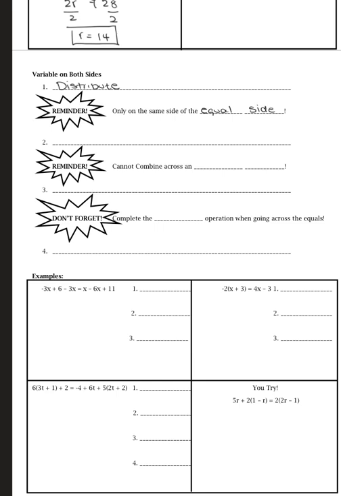So you're going to look at either side of the equal sign and distribute if necessary. Step 2 is to combine like terms. And again, you cannot combine like terms across the equal sign. So you're looking at the sides separately at this point.